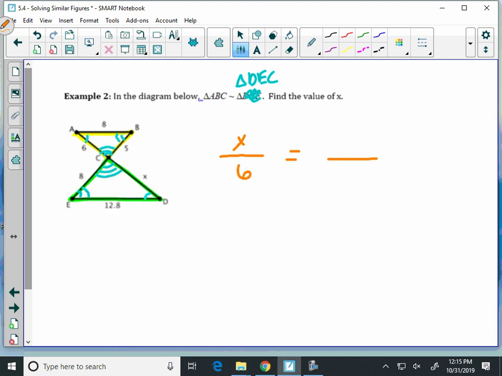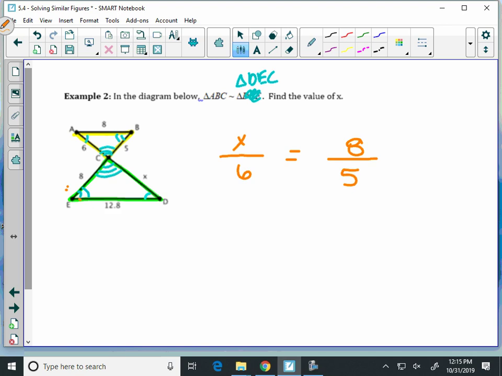Go back to the bottom. We did big over little, so you have to stay consistent. Go back to the big triangle. Give me another side in that big triangle. 8. 8 is in between 2 and 3. Which side is also in between 2 and 3 in the little triangle? 5.